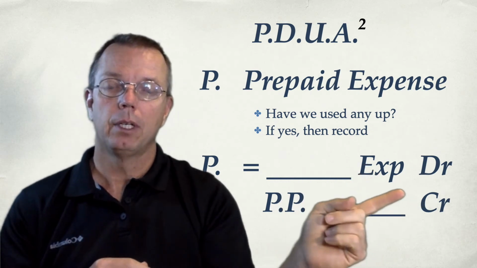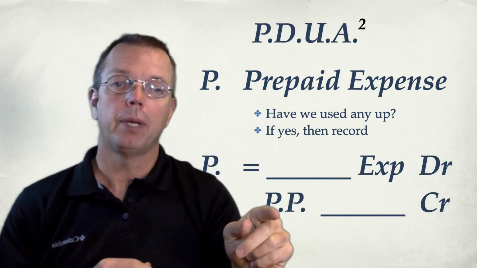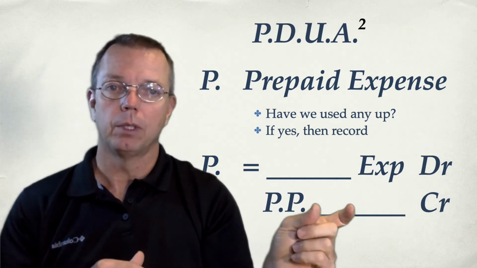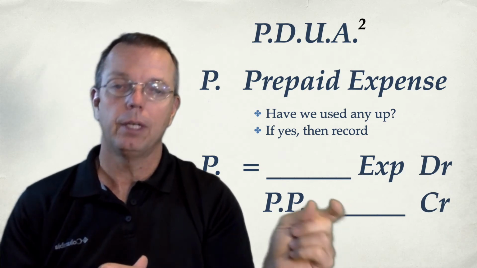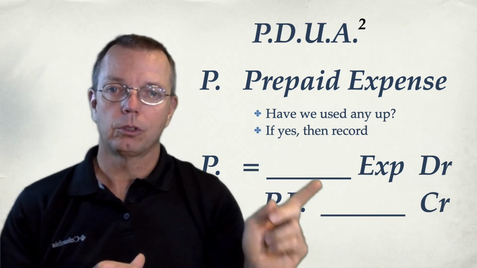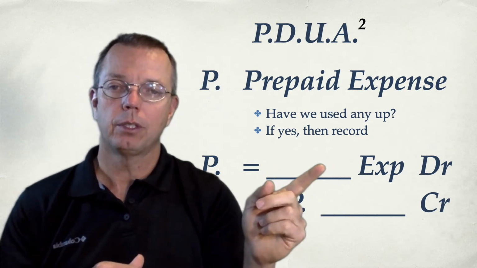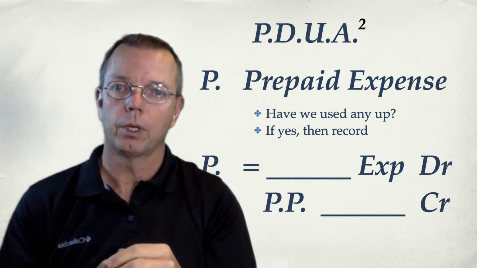Because it's a debit, and debits get done first, credits second. And then the prepaid rent would get the second one, the transaction recording that takes place. So debits first, credit second. If it was insurance, it'd be insurance expense, and then prepaid insurance would be the second one when you're recording it on the journal entry.